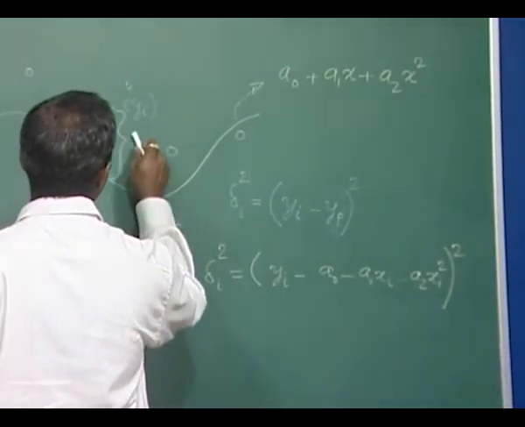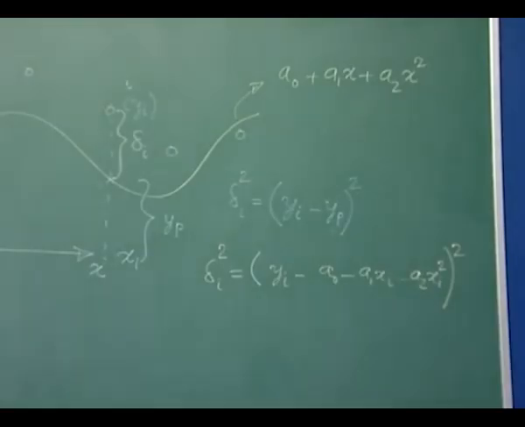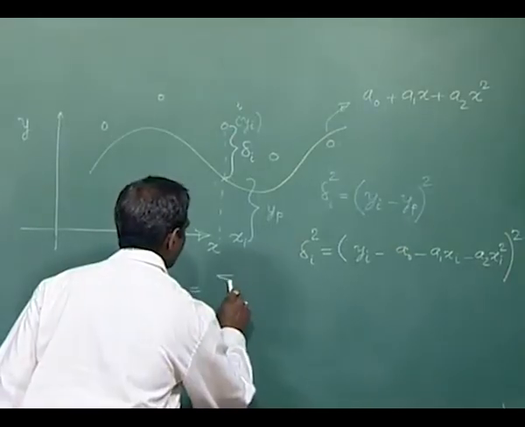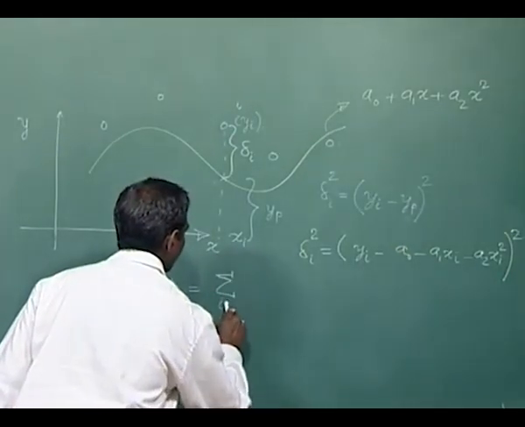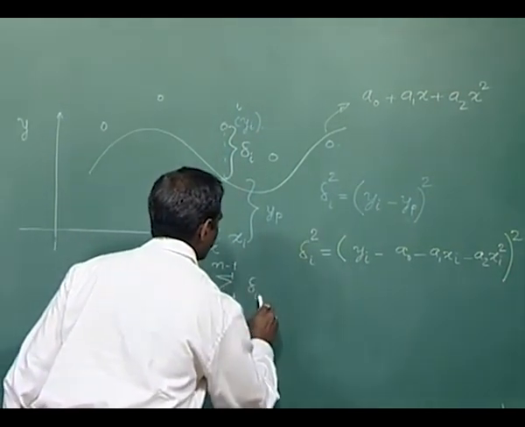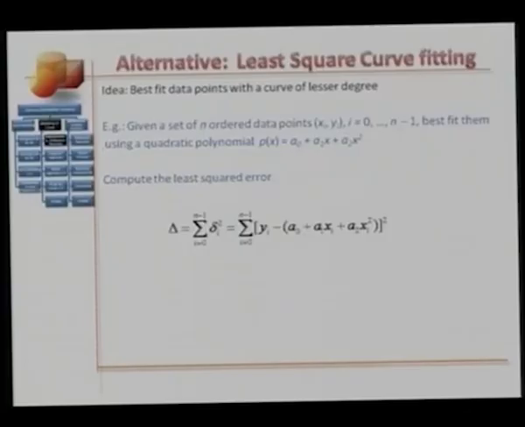This distance here, again, is delta i. Naturally, the overall error, capital delta, will be the summation over all the points of small delta i squared.